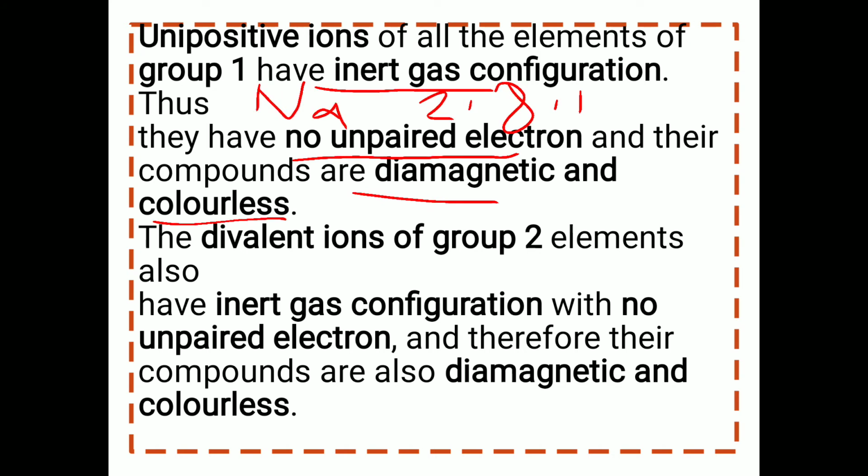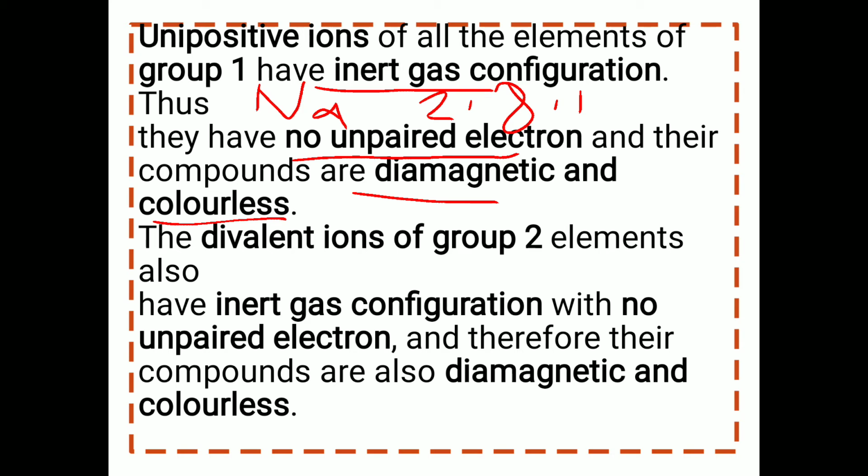As we already noted, any element that shows color contains unpaired electrons. But unipositive ions like Na+ and K+ contain no unpaired electrons, so they are diamagnetic in nature and cannot show color. That means they are colorless.